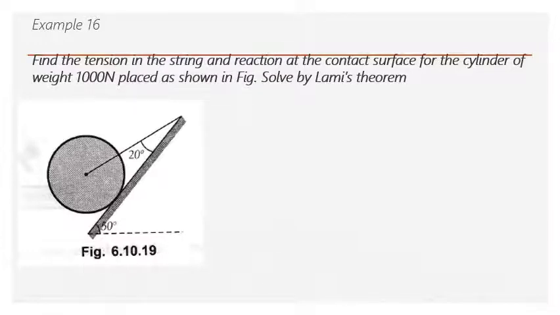Find the tension in the string and reaction at the contact surface for the cylinder of weight 1000 Newton placed as shown in figure. What is the next sentence? Solve by Lami's theorem.